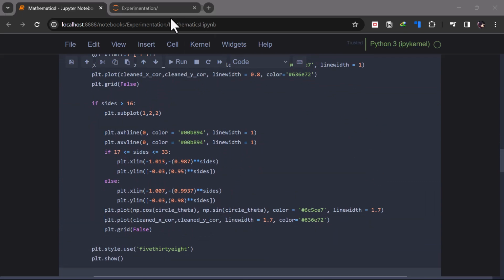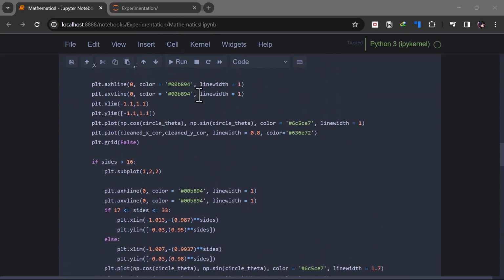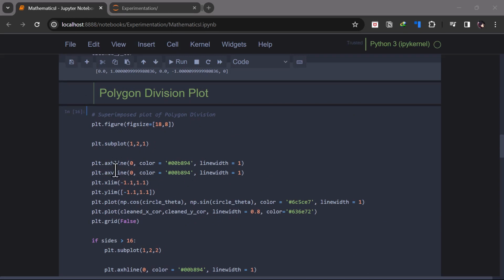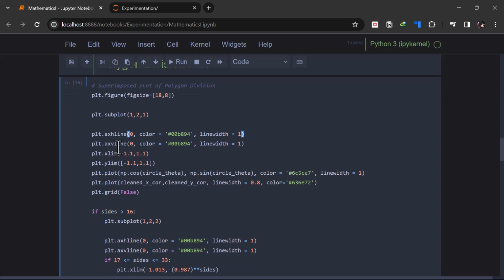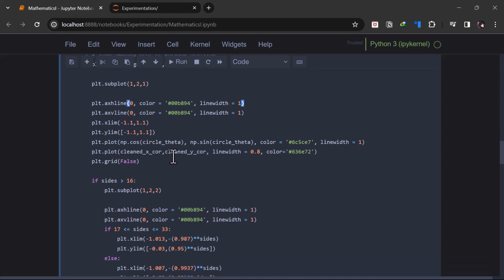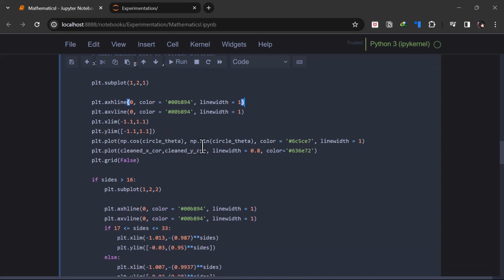I don't have much interest in focusing on all these things, but this is the code in matplotlib for drawing a horizontal line, axhline, which means axis horizontal line. axvline means axis vertical line, then defining the limits, and then plotting the circle with np cos theta, np sin theta. Then we just have to supply the cleaned x coordinate and the cleaned y coordinate to the plot functionality of matplotlib, and it will draw the polygon itself.